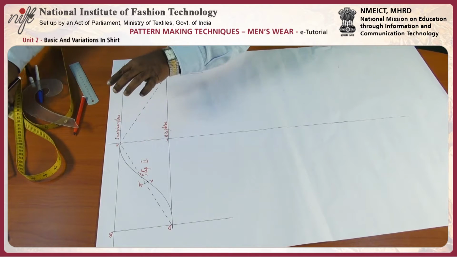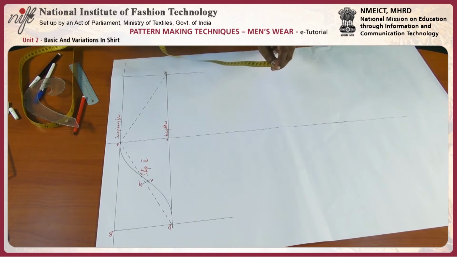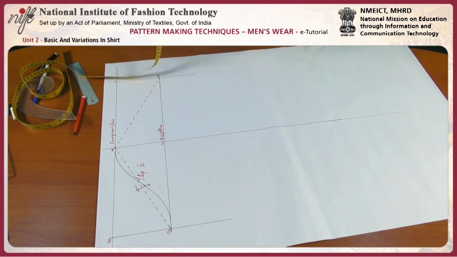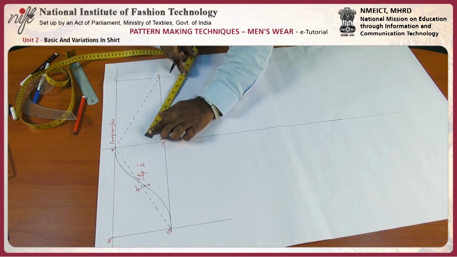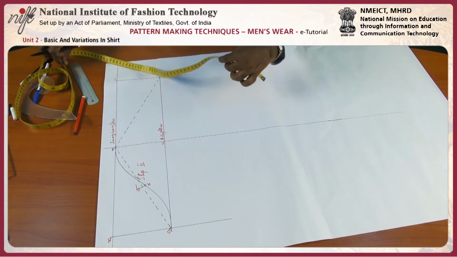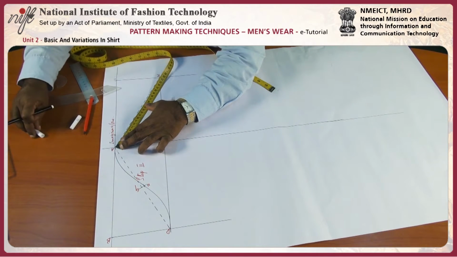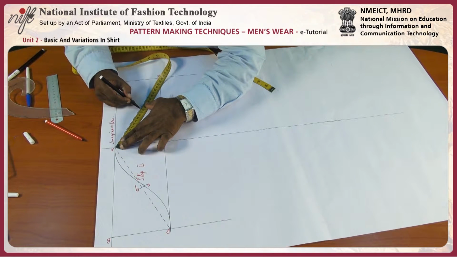Then mark AI equal to AG, and mark IJ facing the imaginary line. This will be the same as AG, that is 12.8.